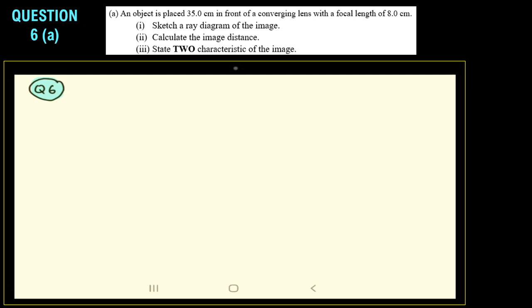Look at here, we have 6A. We have an object is placed 35 centimeter in front of a converging lens. So when we talk about converging lens, means that it refers to the convex lens.